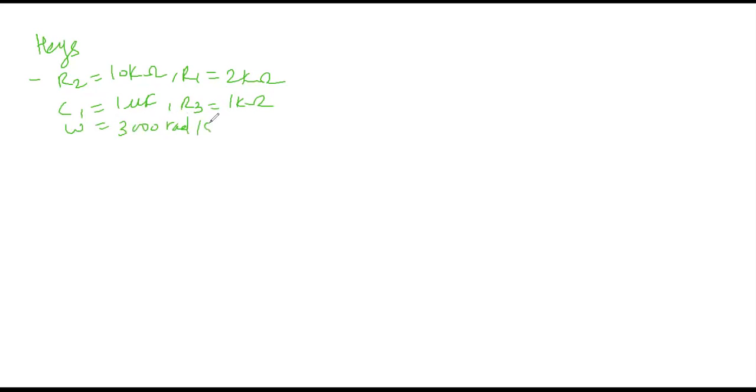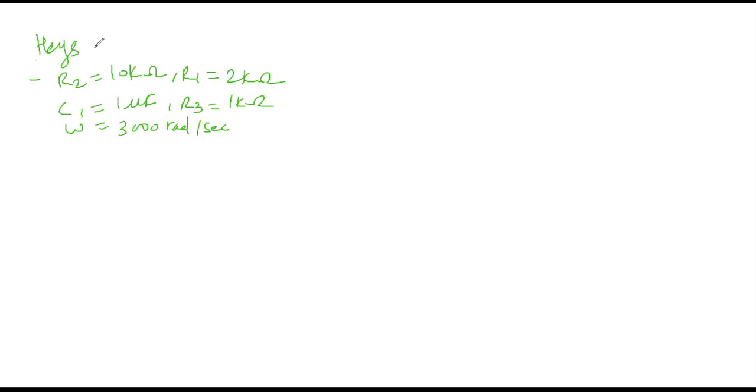Find series equivalent inductance and resistance with the following components of arms: R1 2K, R2 10K, C1 is 1 microfarad, R3 is 1 kilo ohm, and omega is 3000 radian per second.